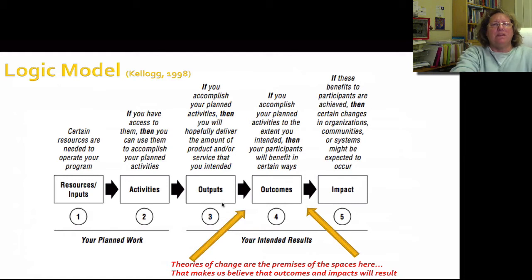So that's by way of an example to say, here's how theories of change intersect with the logic model. You wouldn't actually write your theories of change into the logic model, but you would have it as a subsequent section, for example, in a proposal.